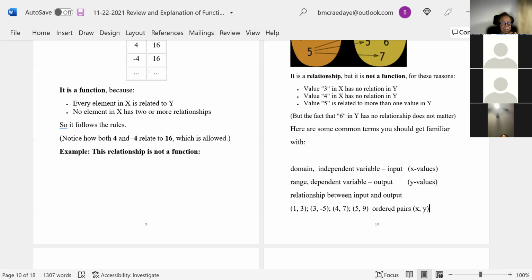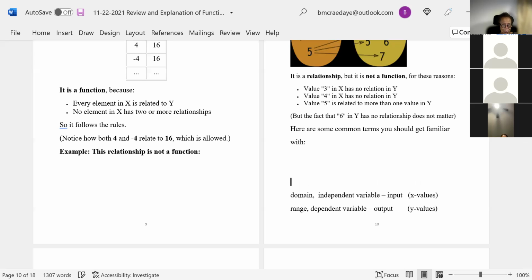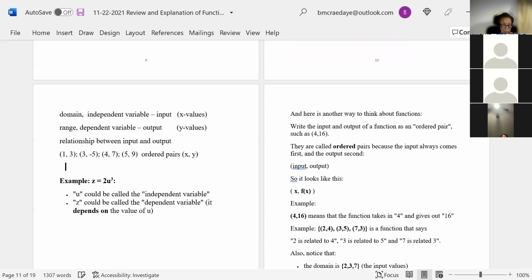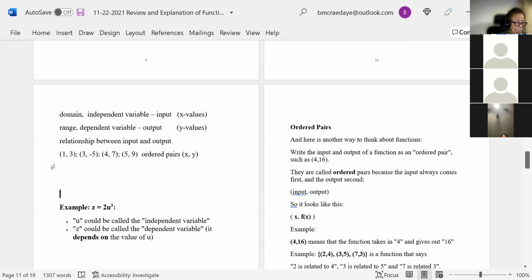Okay, Audrey, what is the domain of these ordered pairs? Domain is the X values, right? Yeah.